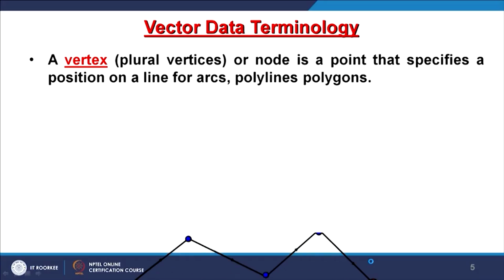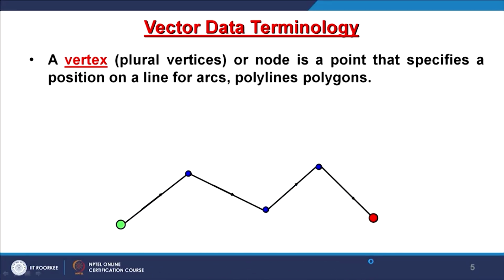So even for line data, if I take this example of a line, this is my begin point, this is my end point, and that is why you are seeing the arrow directions like this. Now I know the magnitude, the length of this line becomes my magnitude, and the direction is also there.